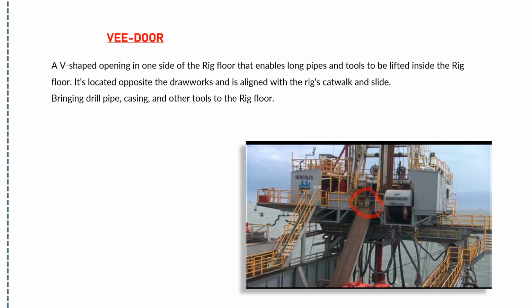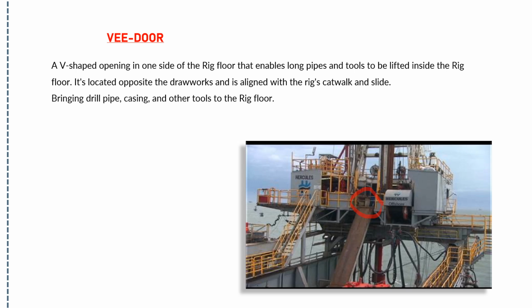V door, a V-shaped opening in one side of the rig floor that enables long pipes and tools to be lifted inside the rig floor. It's located opposite of the draw works. Here in the middle there is a rotary table, and that side is the draw works.